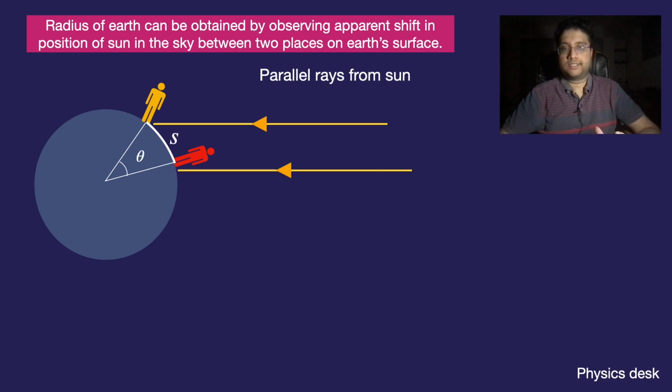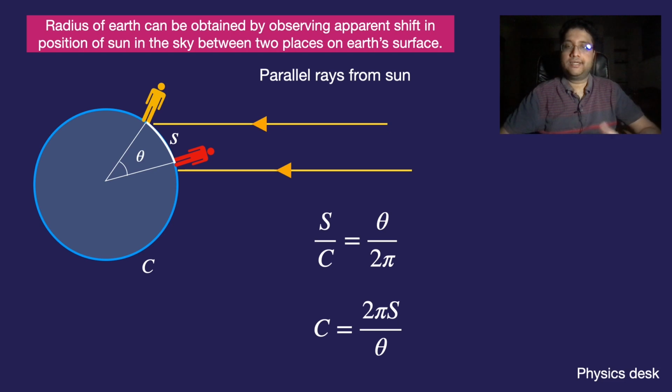If the separation between the two persons is s and the angular shift in the position of the Sun in the sky is theta, the same theta is the angle between the two radii, OA and OB. From simple proportionality, S by C, where C is the circumference of the Earth, which we assume we don't know, and S is the distance between the two locations, which is measurable.